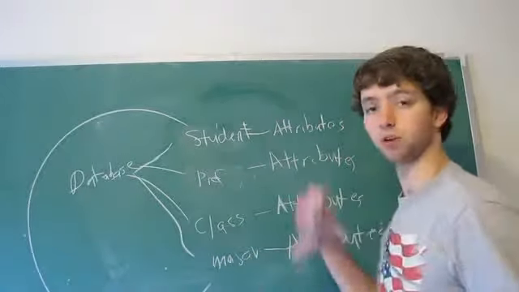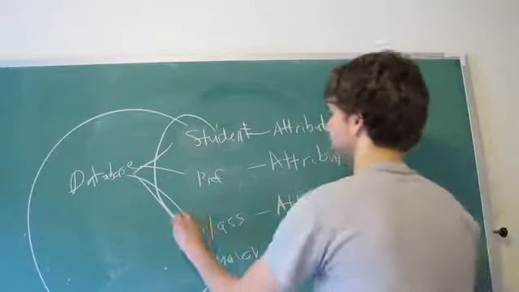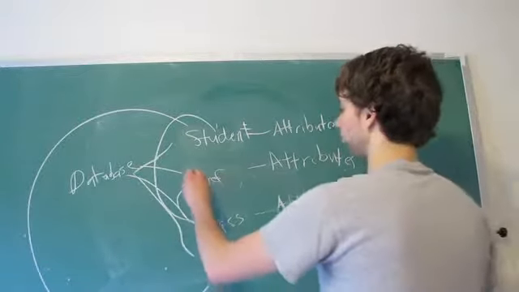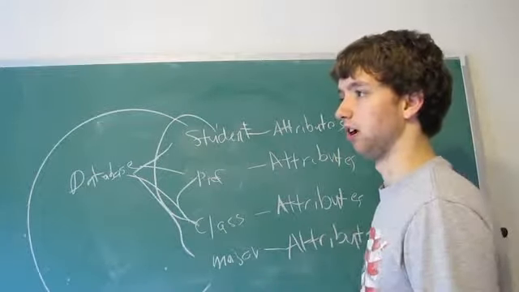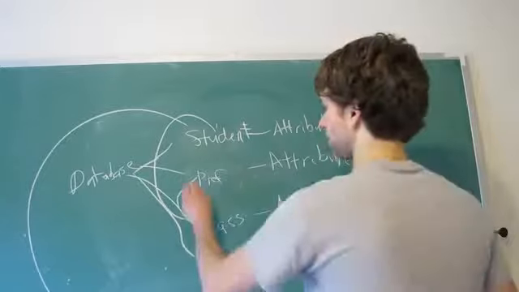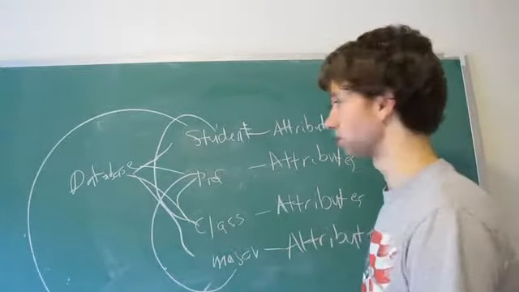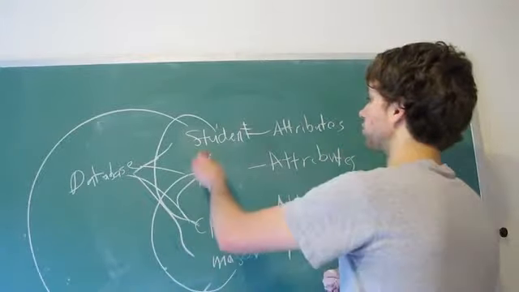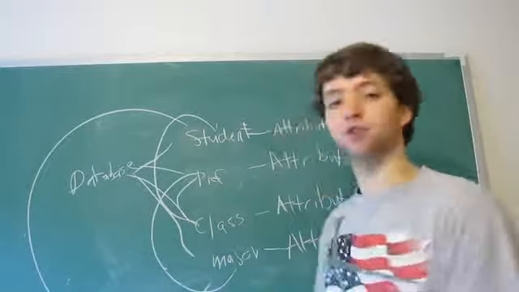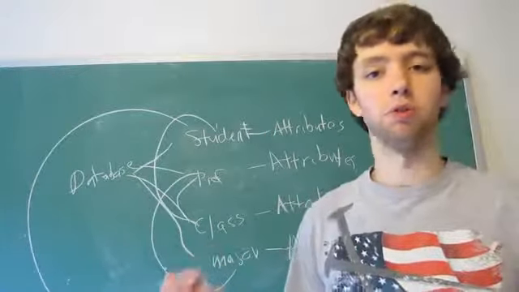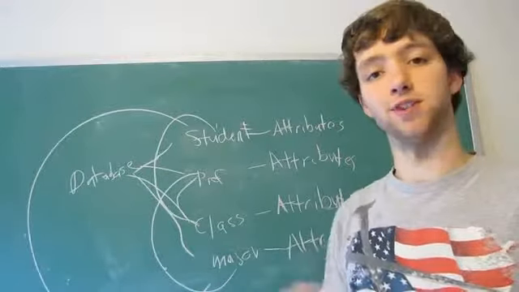Well, a student goes to school to get a major, a student takes classes, the classes are taught by a professor, the professors typically have a specific area that they teach, so they might be part of the major, like the teachers for that major. Yeah, you get the point. Everything's connected. So when we design relationships, that tells us how we want to structure our tables. That's going to make a lot more sense in the next video.